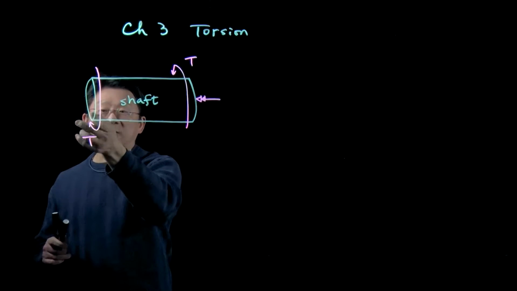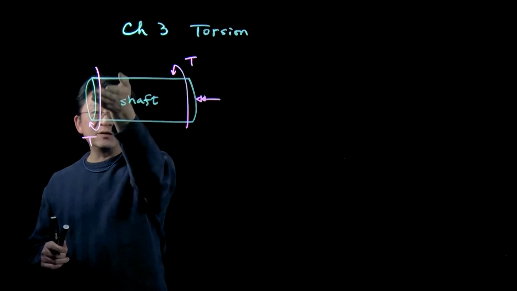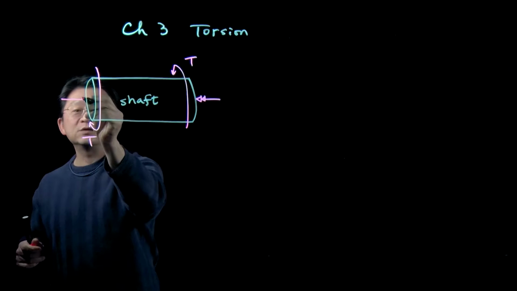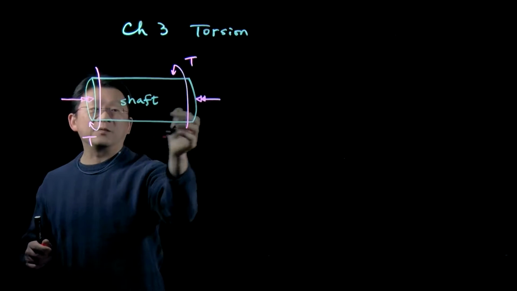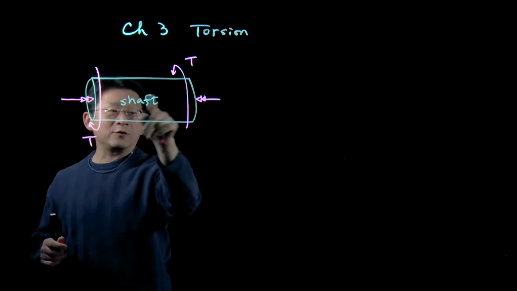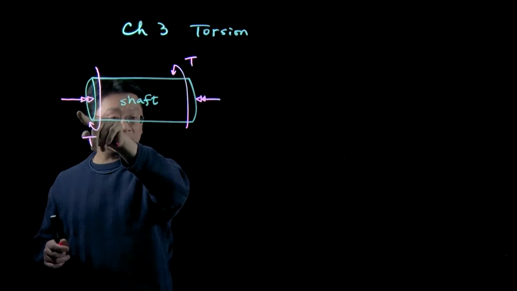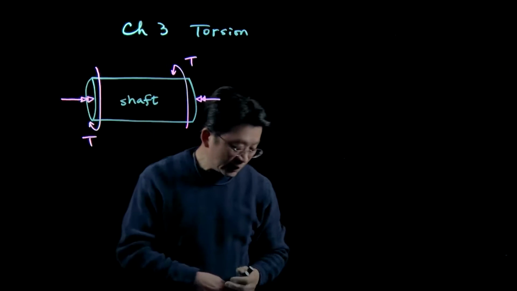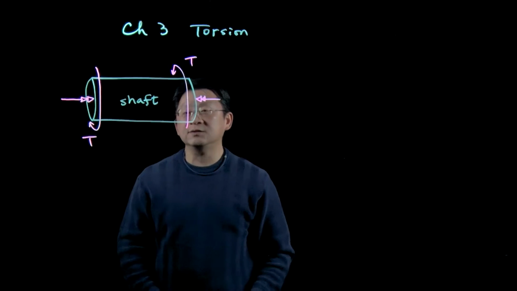For this case, we use our four fingers to circulate in this direction, and the thumb points here. So you can see the double arrow symbol is a little bit clearer, and this is the equilibrium position. Okay, so this is the loading condition.